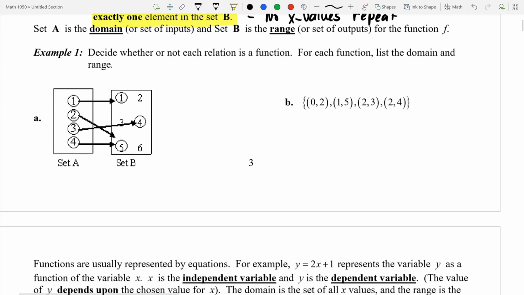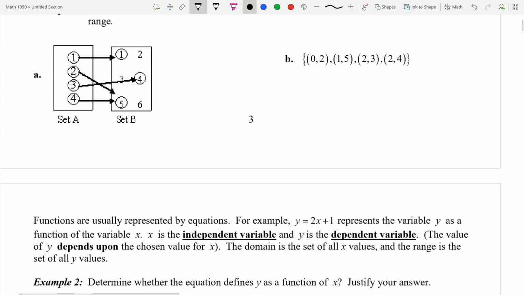Domain. So domain is what comes in, and the range is what comes out. So the domain is typically the set of x values, and the range is typically the set of y values, okay? Is this relation a function? If it is a function, list the domain and list the range, okay?